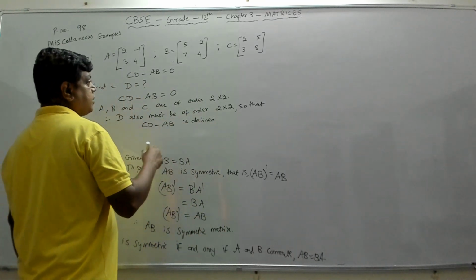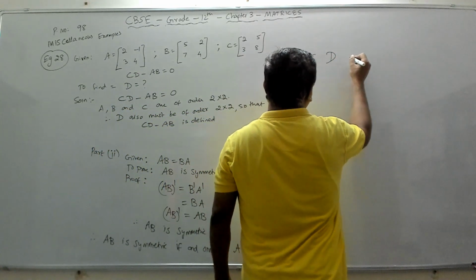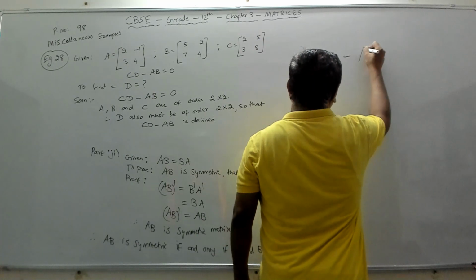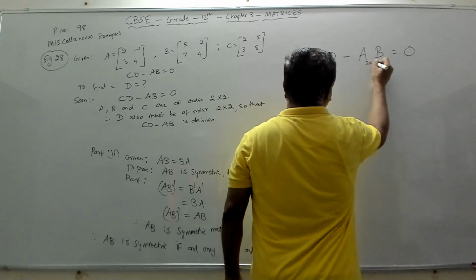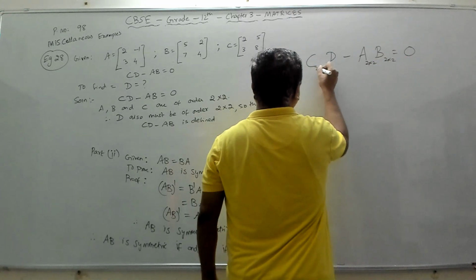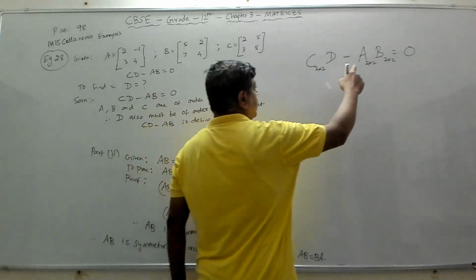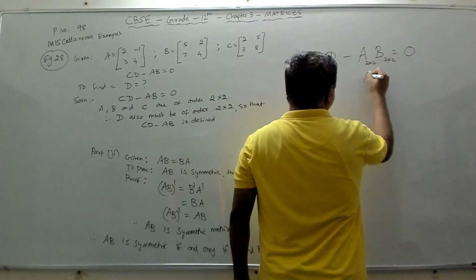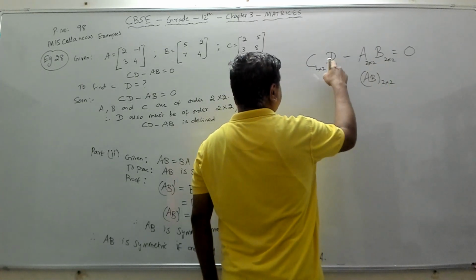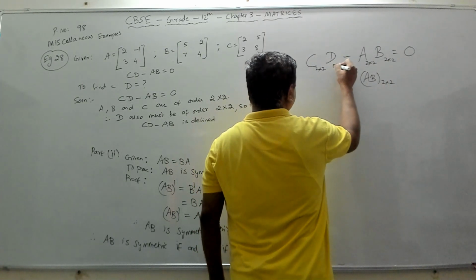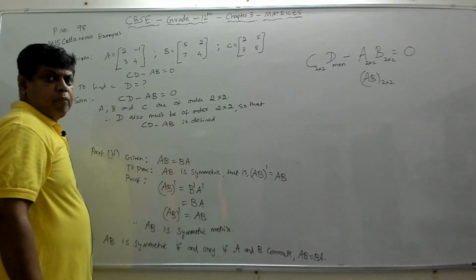Otherwise it cannot be defined. See, for example, if I write CD minus AB equal to 0, A's order is 2 cross 2, B is 2 cross 2, C is also 2 cross 2. When you multiply A and B, the resultant matrix AB will also be 2 cross 2. Suppose I don't know the order of D, I will put it as M cross N. We need to find what M and N are.